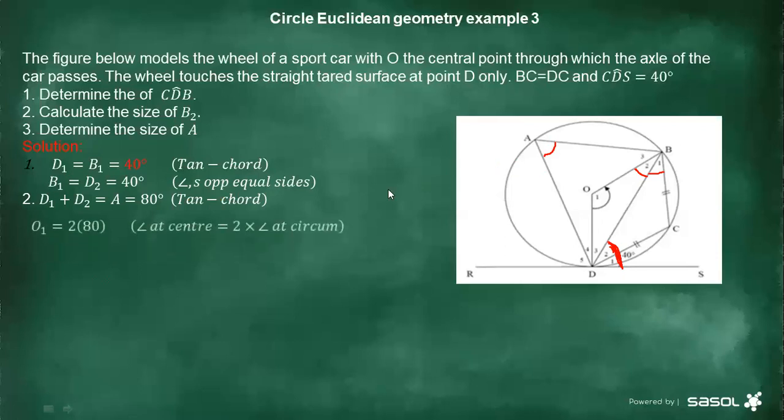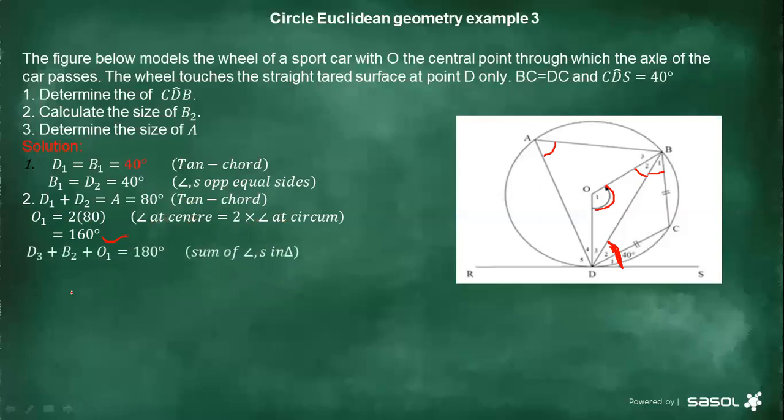Then we proceed and say this angle here, which is angle O1, is twice this angle here, which is angle A, the angle at the circumference. Hence we have 2 times 80. The reason is the angle at center is equal to twice the angle at circumference. And then angle O1 gives us 160 degrees.